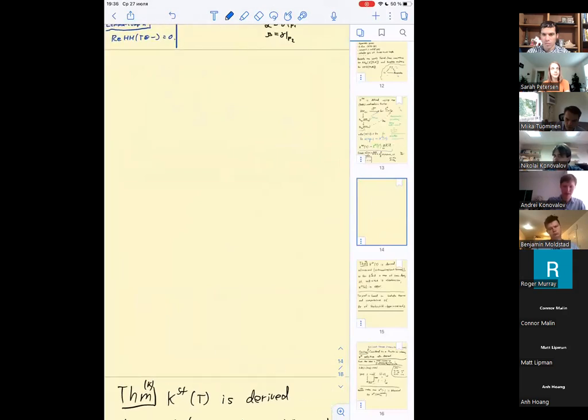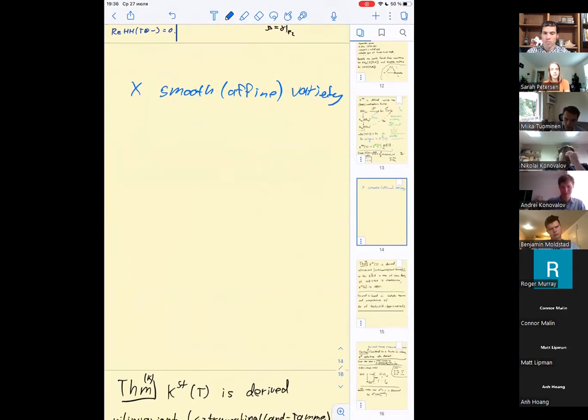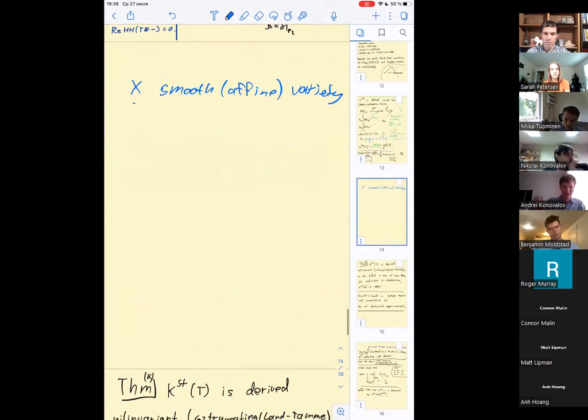Whenever you have a nice variety, say X a smooth affine variety, actually affine is not important at all here, then the simplest K groups that one can assign to it are algebraic K0.